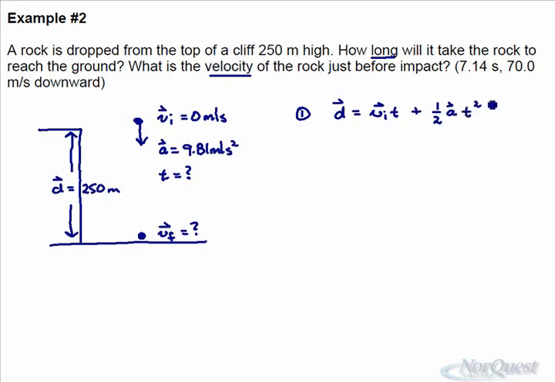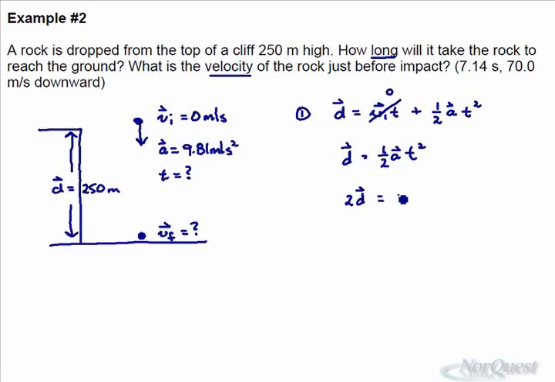Now the nice thing is, when the initial velocity is 0, that means this whole term is 0. So this can simplify to your distance equal to 1/2 a t squared. And we can manipulate this formula for time. What we need to do is clear the fraction. So you multiply by 2. So it becomes 2 times your distance.